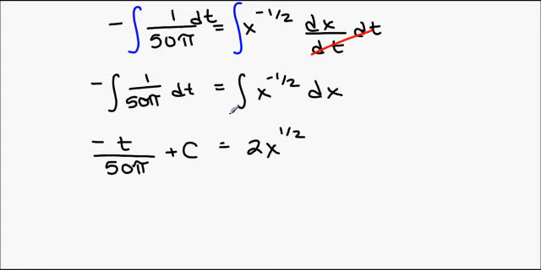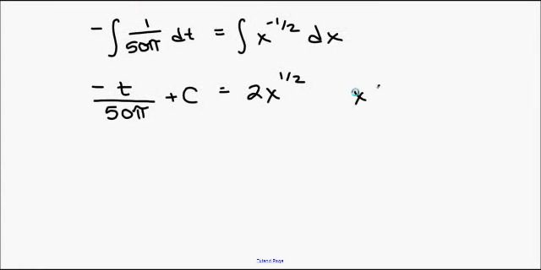And now we need to plug in our initial condition. So remember, x of 0 equals 16. We're trying to figure out what c is. So we're going to plug in a 0 for t and a 16 for x.